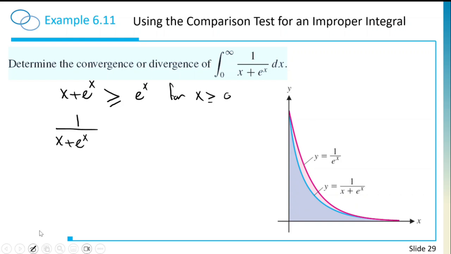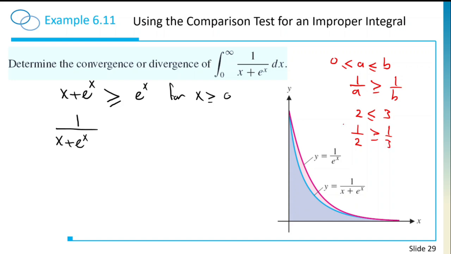Remember this basic knowledge again; if we need to go back to any algebra, I rewrite it here. If I have a less than or equal to b, and both of them are positive or have the same sign, if I take the reciprocal of them, I'll switch the inequality. Notice, for example, if you have 2 less than or equal to 3, and you take the reciprocal, now a half is greater than 1 over 3.